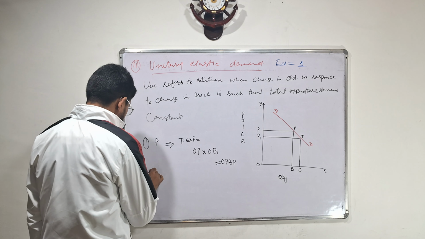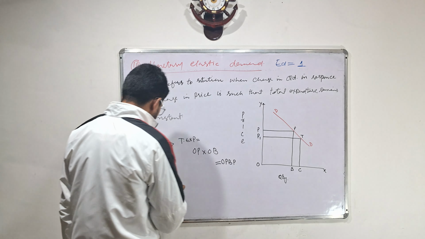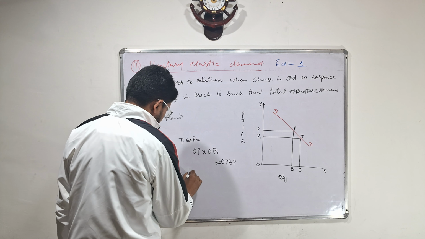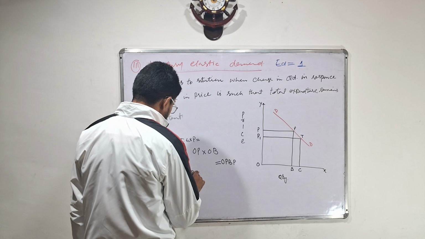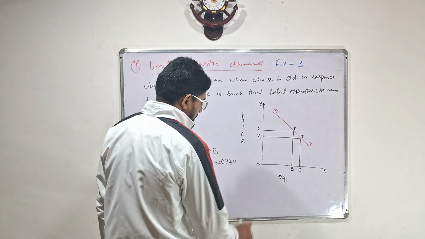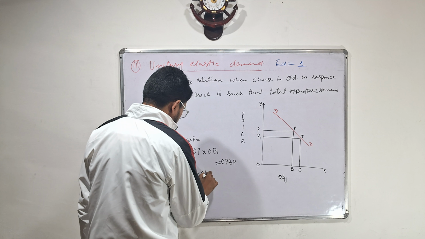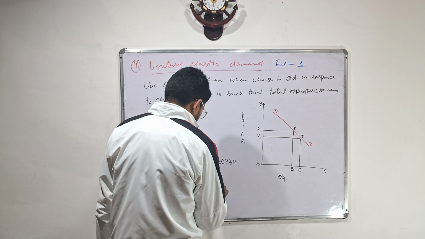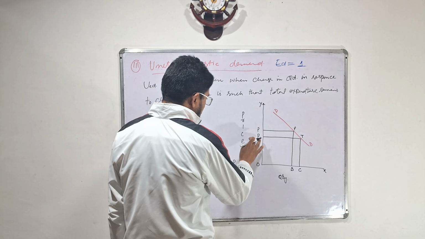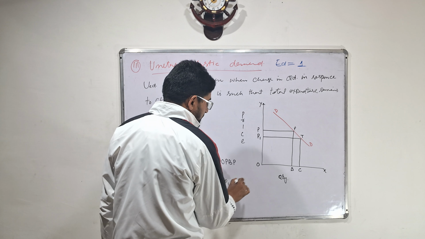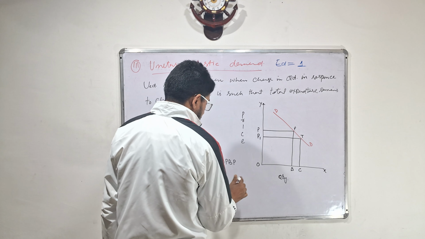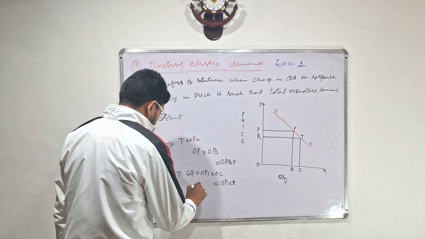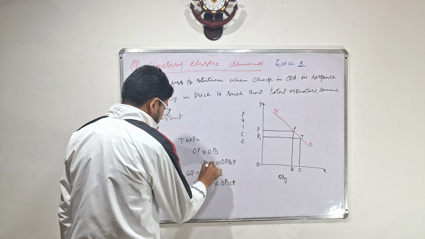Now second, when price falls to P1, what will be the total expenditure at P1? Total expenditure will be equal to OP1 multiplied by OC, that is, the area OP1CT.